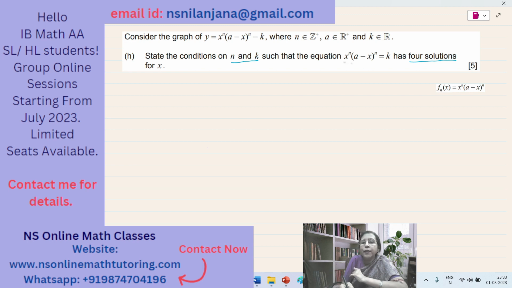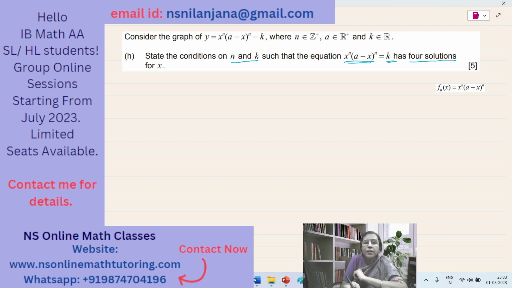That means if we graph this and we graph y equals k, which will be a straight horizontal line, those two graphs will be cutting at 4 points. Only then we will be having 4 solutions for x. Okay.